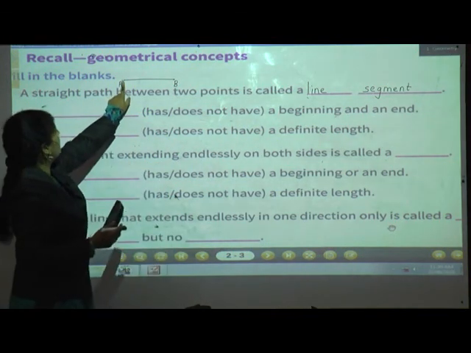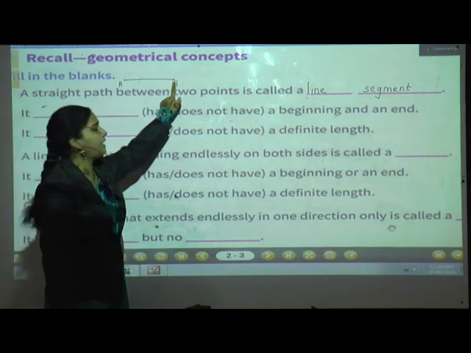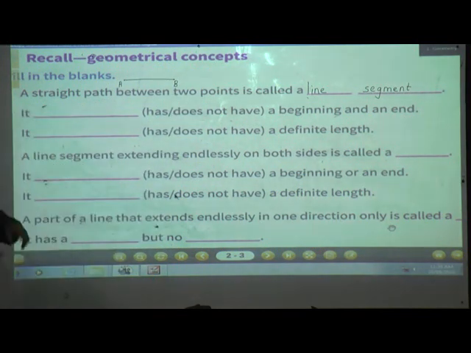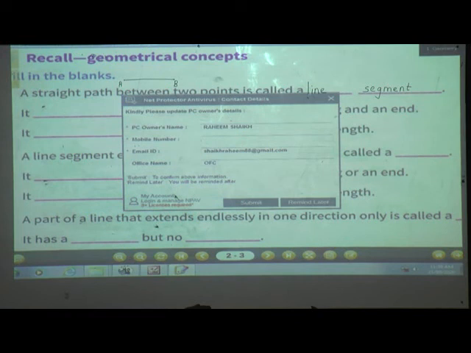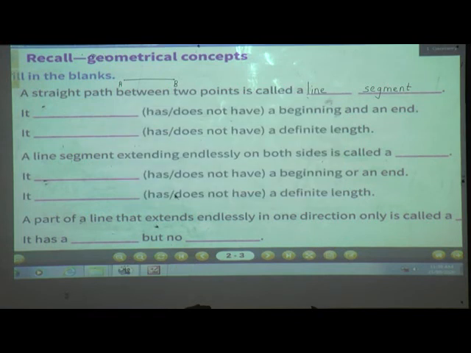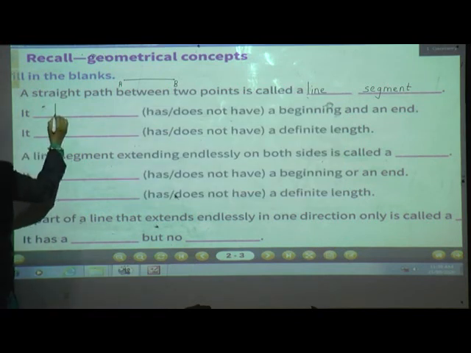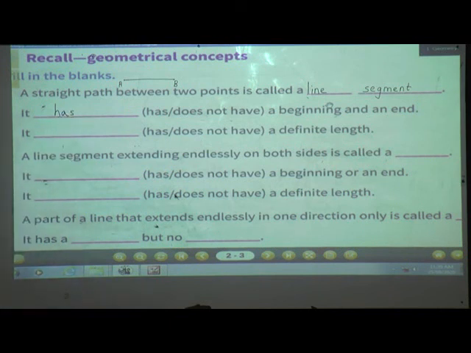It has a beginning point also and end point also. So our answer is, has.